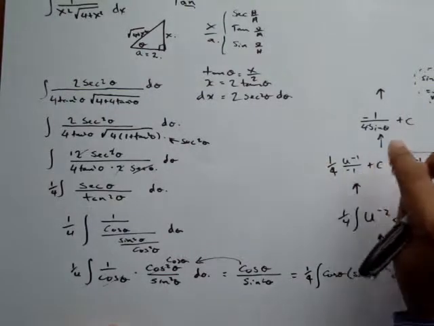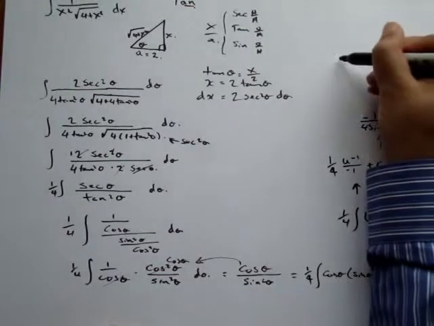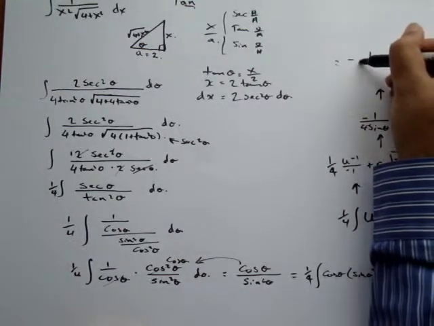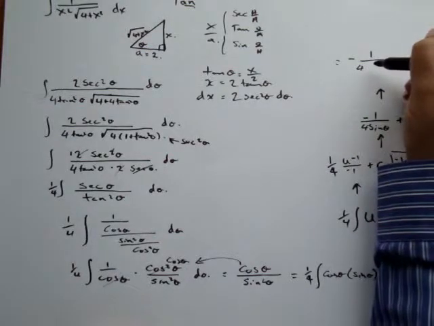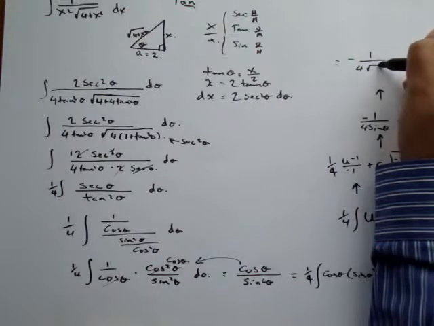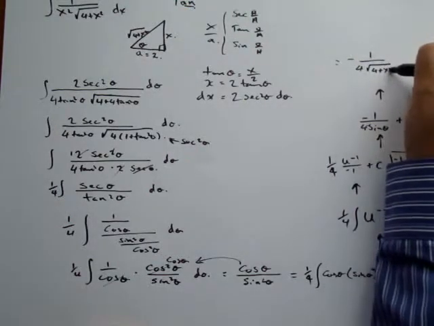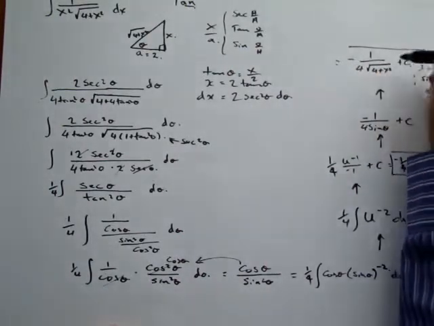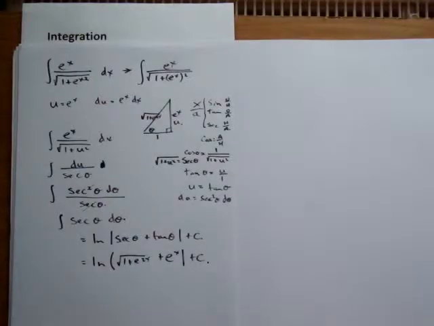So now we're going to replace this sine theta with this, and the final answer we get is minus 1 over 4 times the square root of 4 plus x squared over x, plus c. And that is our final answer.